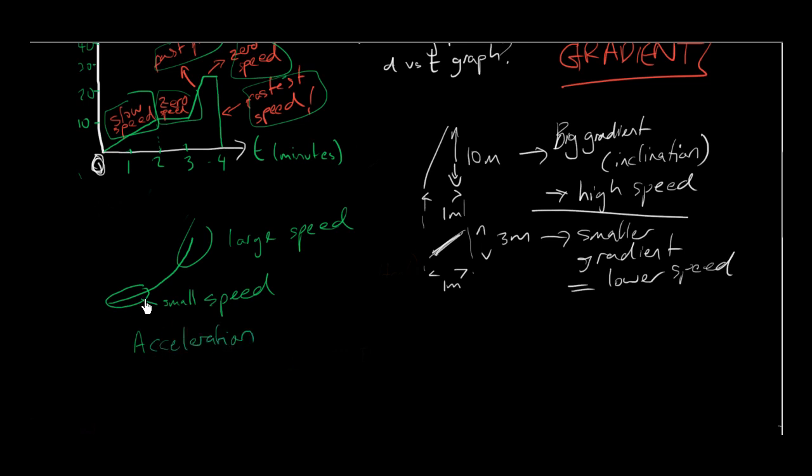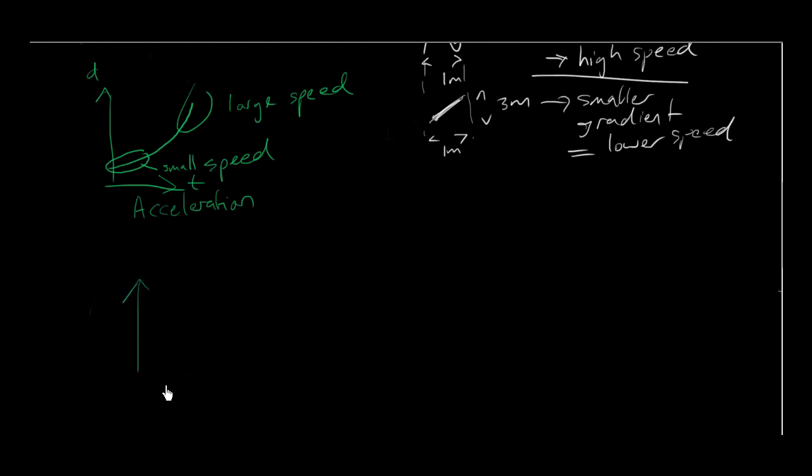If you had a curve like that on a distance time graph, right? But if the graph looked like this, distance time graph, if the graph looks like that, then initially you have a really big gradient, so you have a large gradient which is equal to a large speed, and here you have a much less steep gradient, so that's a smaller speed, right?